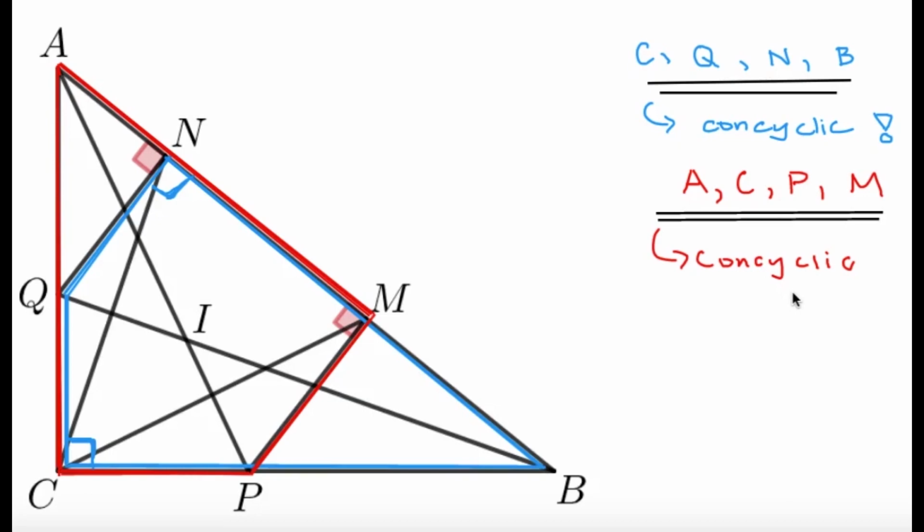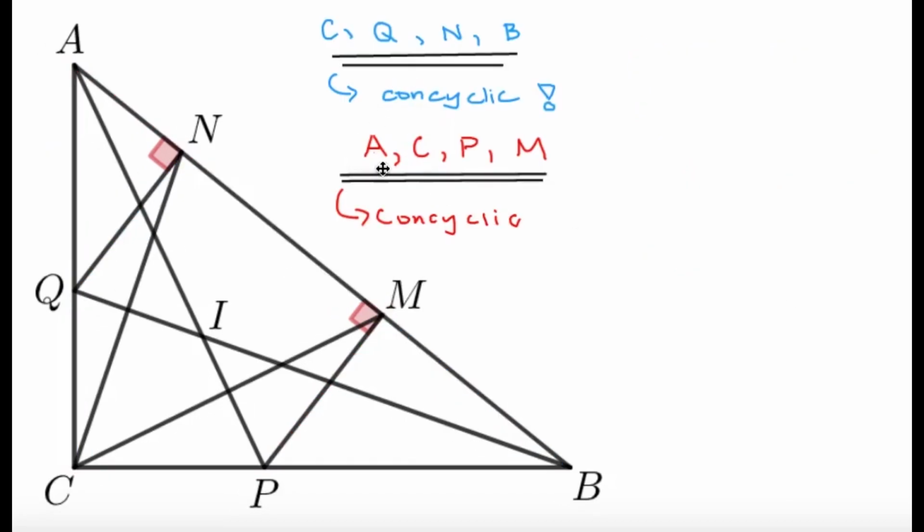Now this gives us nice relations, because from these two quadrilaterals being concyclic, we can observe the following. Let's focus on quadrilateral CQNB first. We can notice that this angle, QCN, should equal angle QBN because the quadrilateral is cyclic.